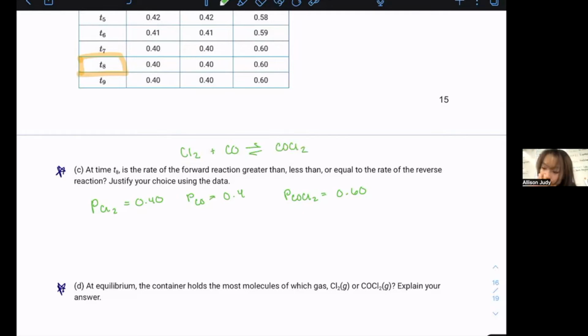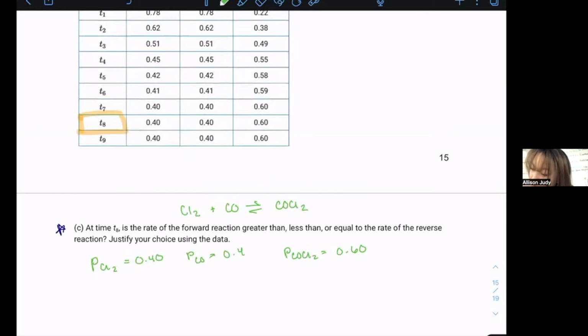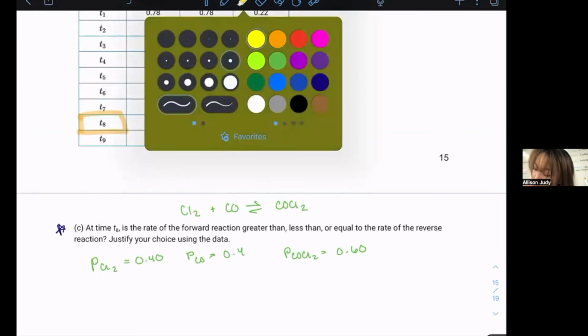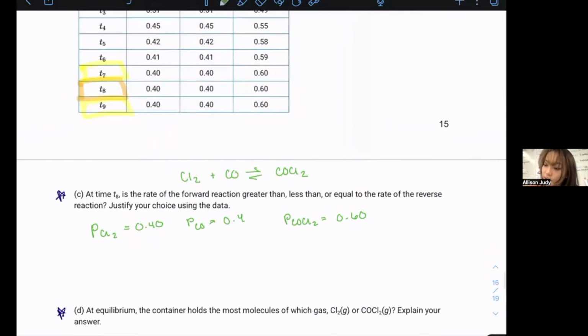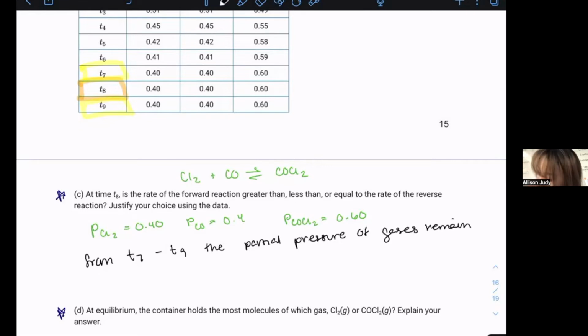When we look at the time right before it, T7, and the time right after it, we see that the concentrations remain constant. So from T7 to T9, the partial pressures, which are an indicator of concentration, of the gases remain constant.